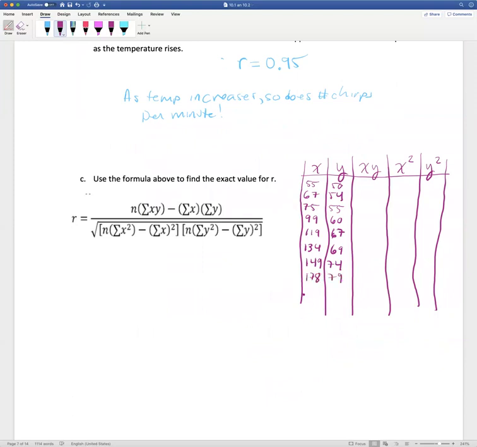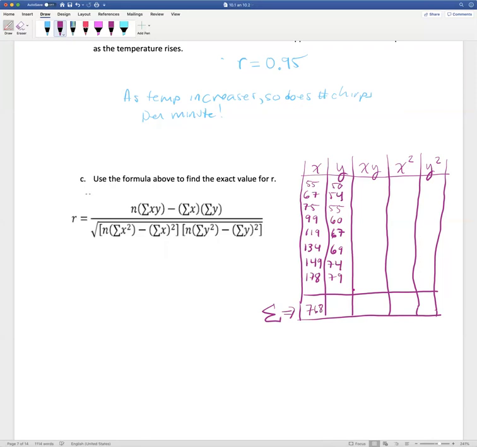Okay, now we also know for all of these that we're going to need the sum, so I'll just put the sum of these values in this last box over here. I'll just call these the sum. Let me do the sum of the x values first. So when we add together all those x values, 55, 67, 75, 99, 119, 134, 149, plus 178, we get 768.